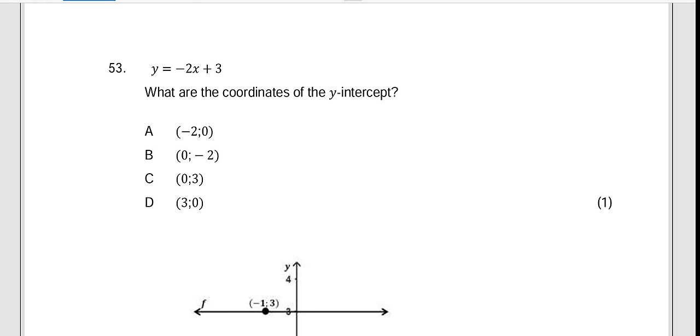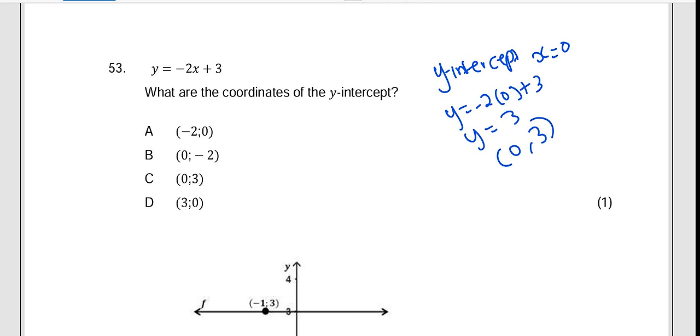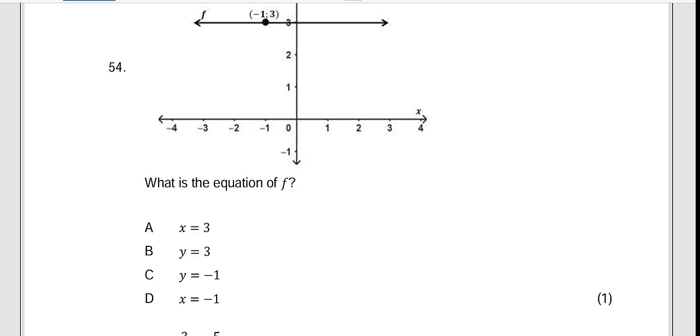Number 53, what are the coordinates of the y-intercept? X should be equal to 0. And the correct option is C for the y-intercept.